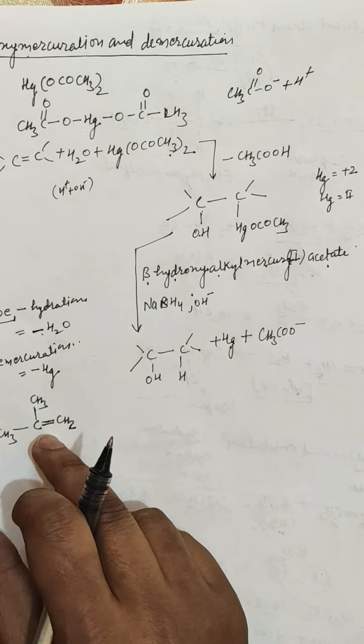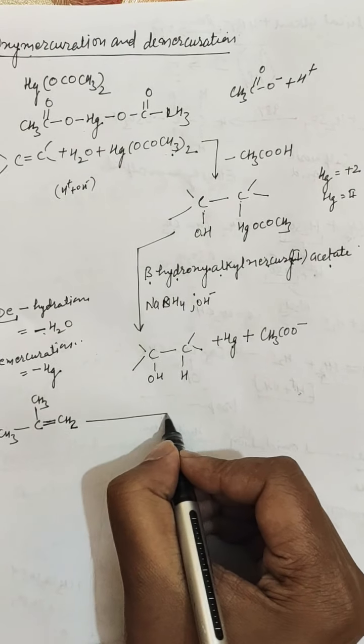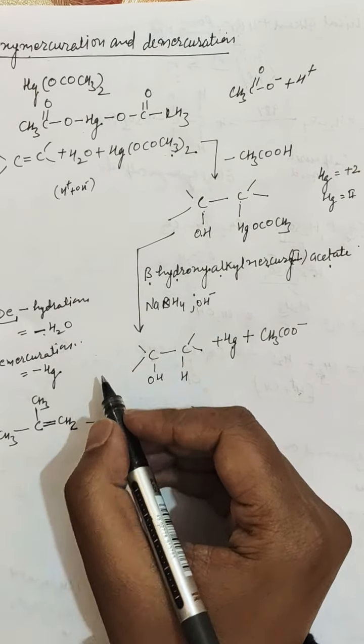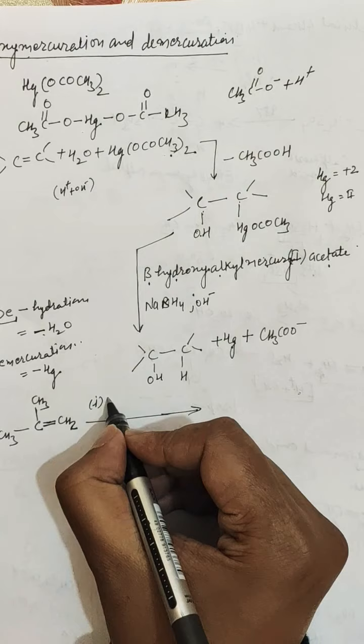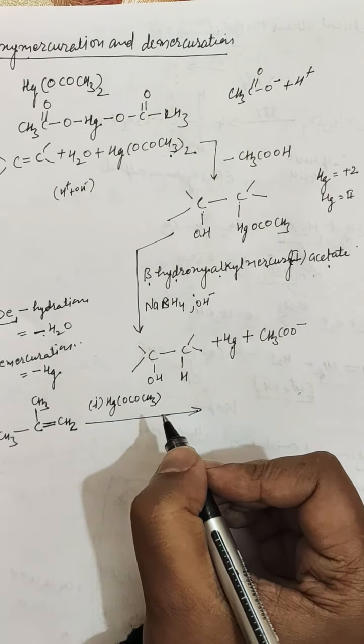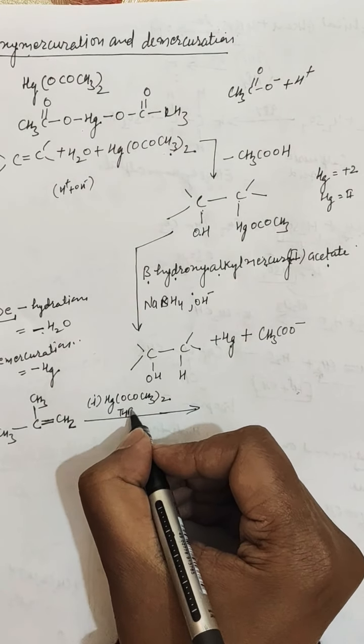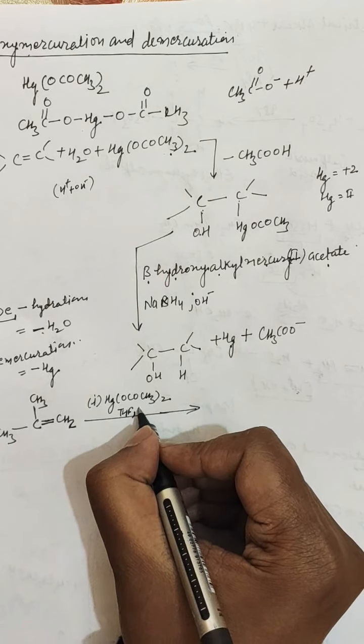So from here you will again get an idea about the Markovnikov rule. So here first of all, in the first step there was oxymercuration in the presence of tetrahydrofuran and water.